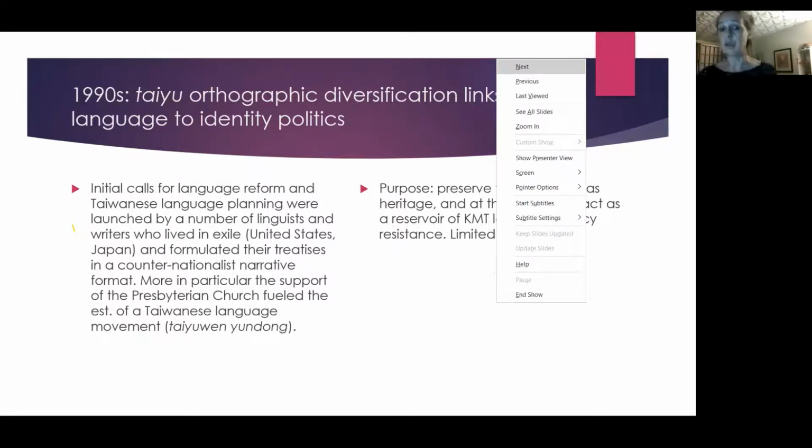So that church element and the link to Taiwanese is definitely not to be ignored.